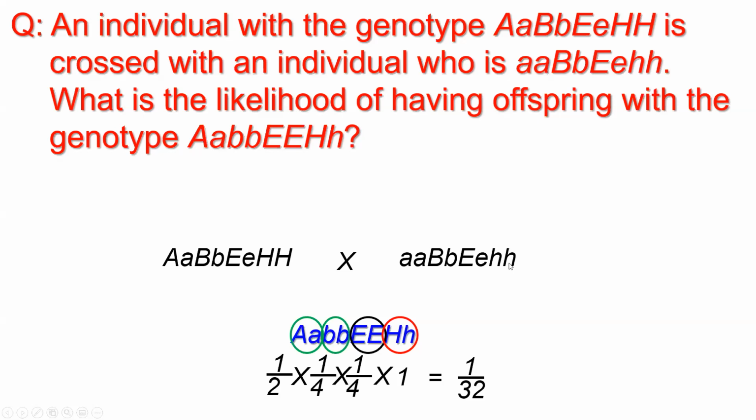It's going to be 100%, because every combination gives H capital, H small. So this is 100%, which we represent with 1. If you multiply all those together, simple math, you end up with this ratio. The possibility of getting this genotype from this cross will be 1 in 32.